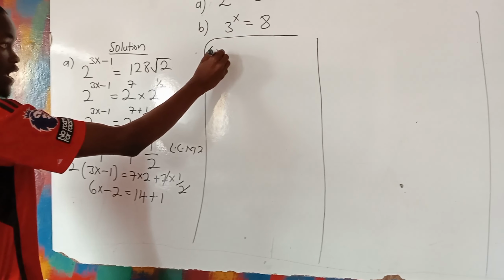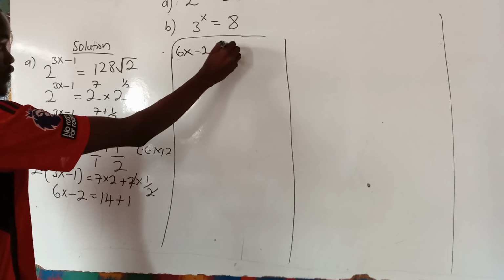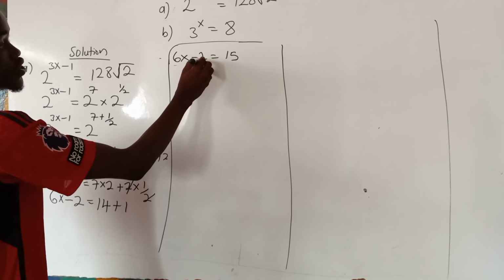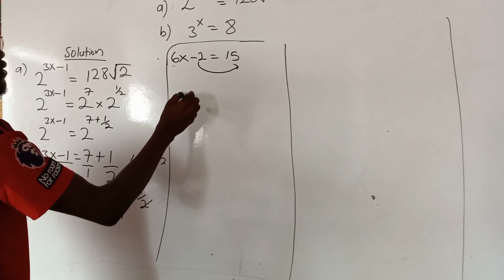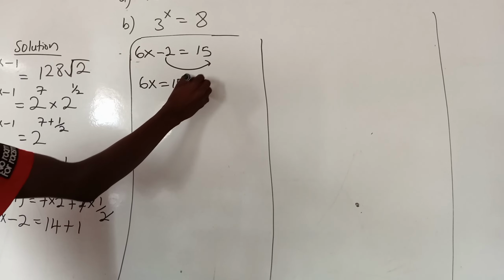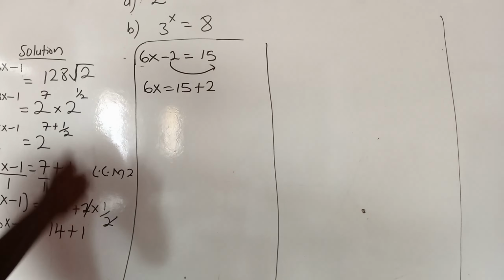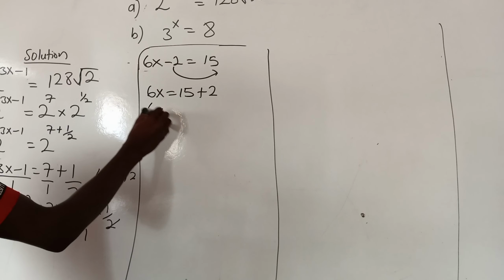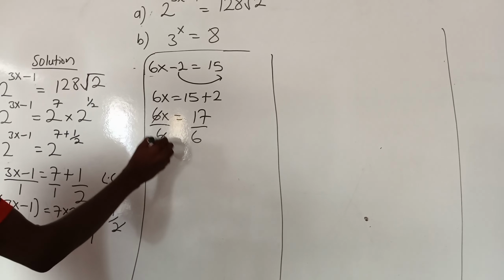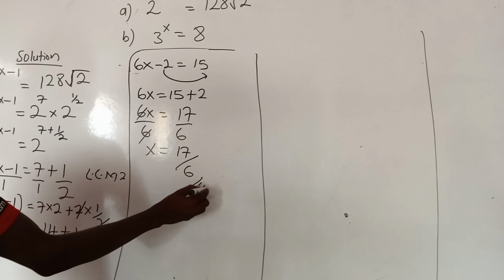So 6x minus 2 equals 15, because when you add 14 plus 1, it will give us 15. So we transpose this here. So 6x equals 15 plus 2. The sign for this minus 2 will change because it goes across the equal sign. So 6x equals 17. Divide both sides by 6. So x equals 17 divided by 6. This is the final answer.